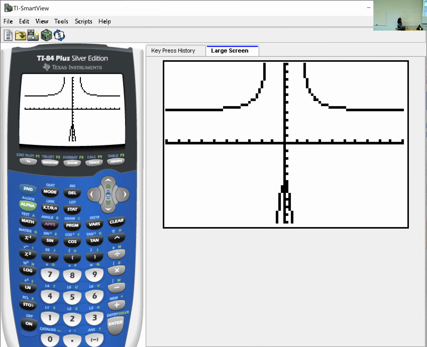So look at the picture and tell me what the range is. Range is the set of possible y values. What are all the possible y values? Greater than 4 and less than -5.